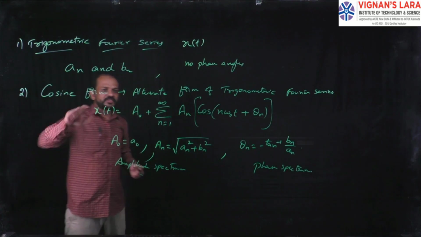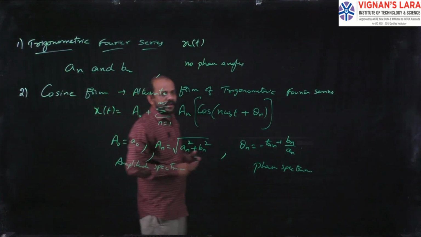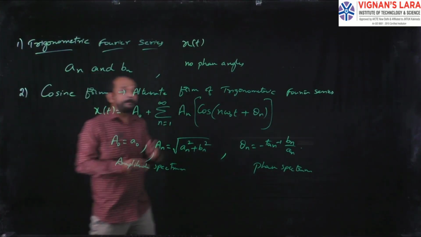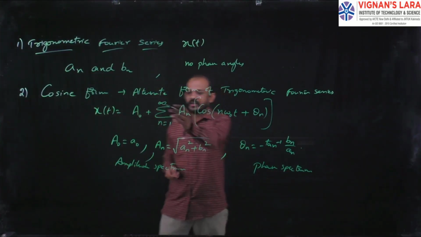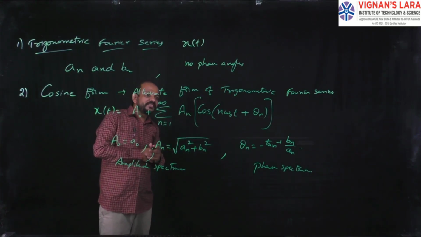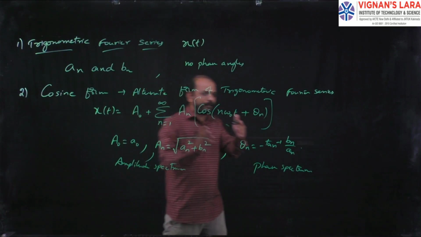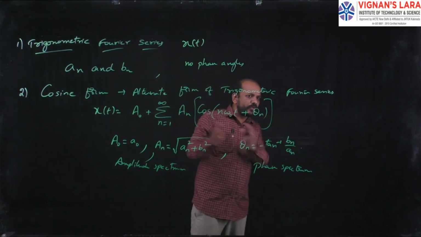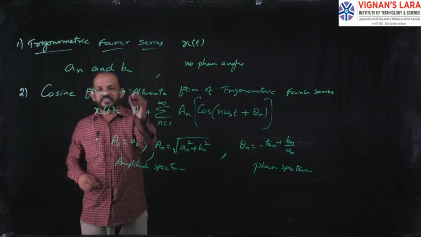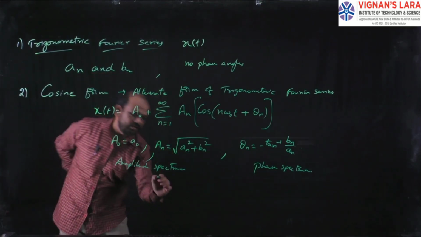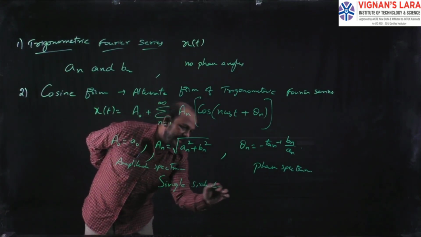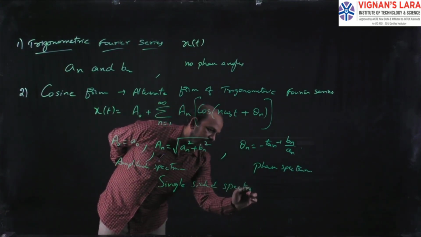In this we get the amplitude coefficients only for positive frequencies, that way we can draw the graph only for one side, hence this cosine form is called a single sided spectrum.